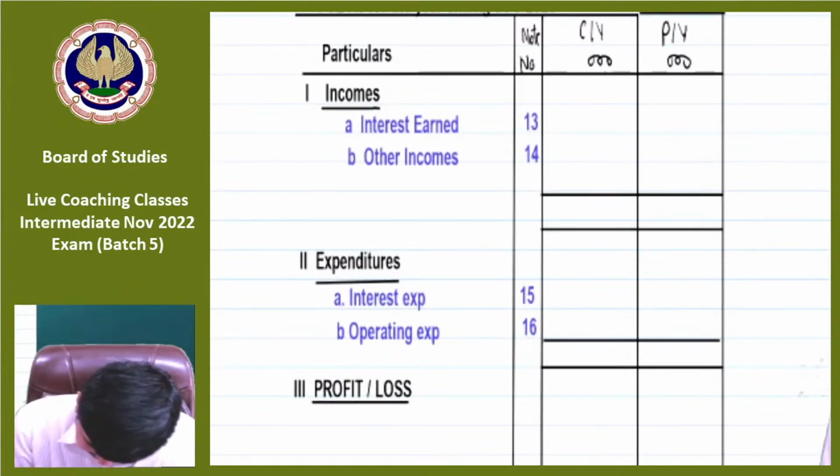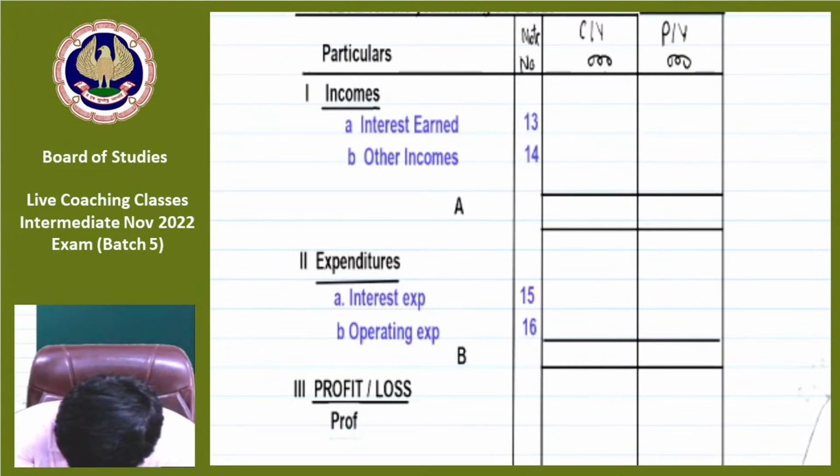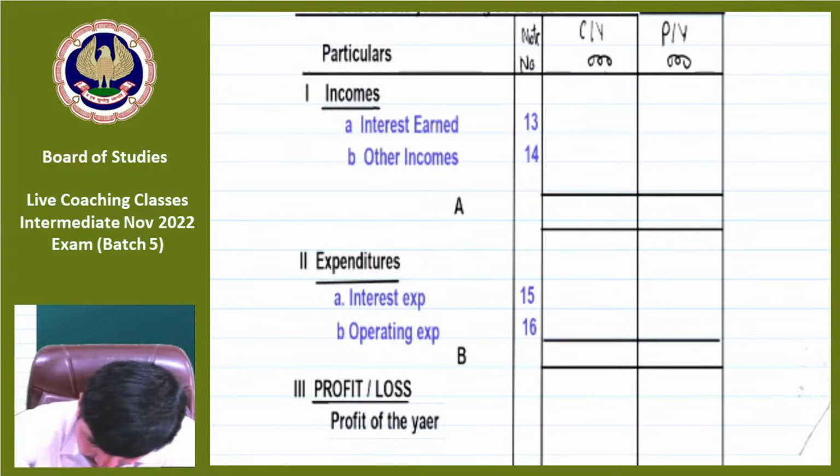First you give here A, give here B, then you will be able to find out profit of the year. How? A minus B.